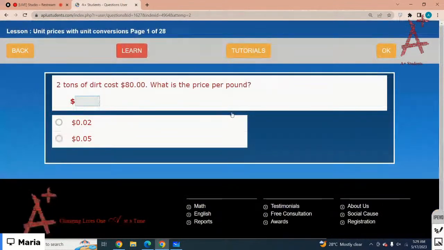Okay, 2 tons of dirt cost $80. What is the price per pound? You have to calculate the price of 1 pound. How many pounds do we have in 1 ton? I think 1 ton equals 200 pounds.